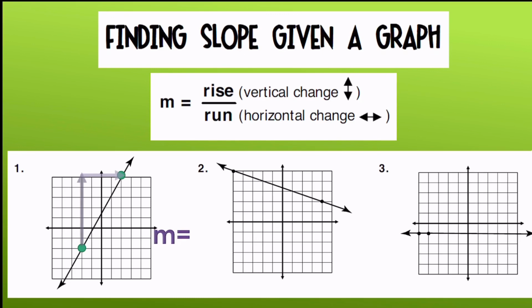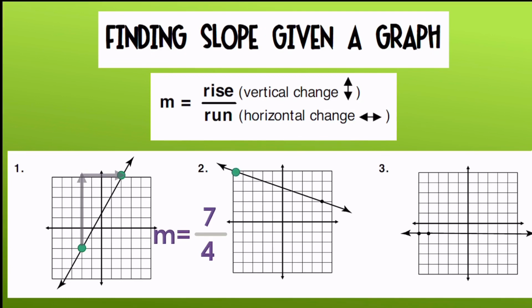And we look, how much did I go up? If you count from one line to the next, you went up 7. How much did I run? I ran 4. Therefore, the slope of number 1 is 7/4. That's it. That is your answer. And yes, you leave it improper. Do not make it a mixed number.